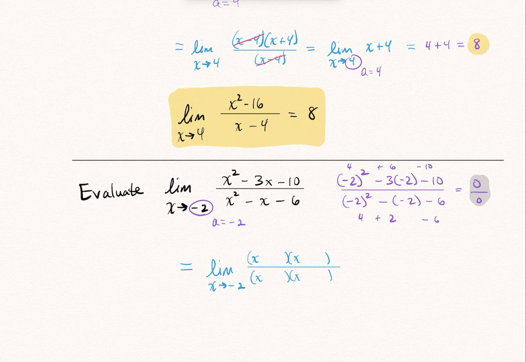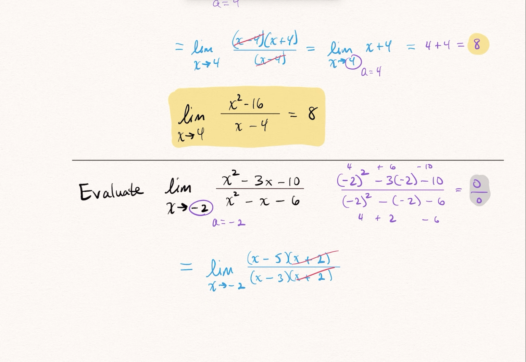So it looks like the numerator is x minus 5 times x plus 2, and the denominator is x minus 3 times x plus 2. Pro tip, if you are taking a calculus class, in a typical situation, if you see a 0 over 0, then you should always be able to see an x minus a factor in both the numerator and the denominator.